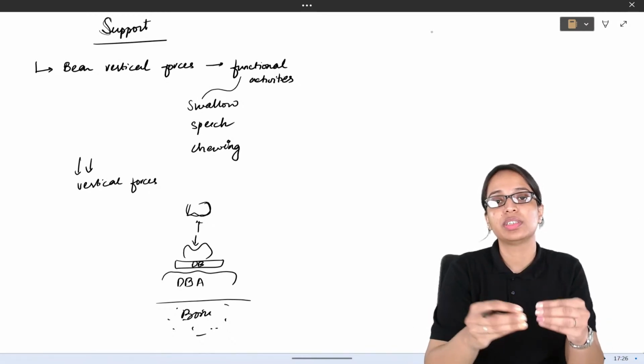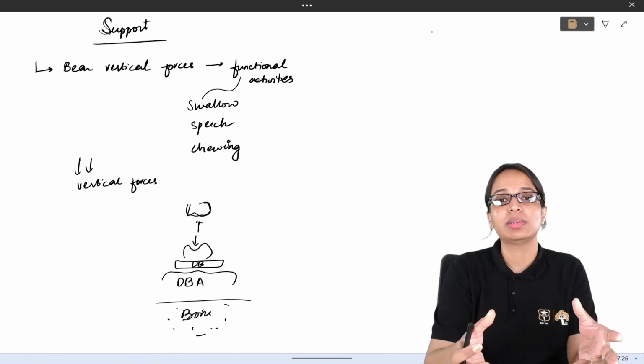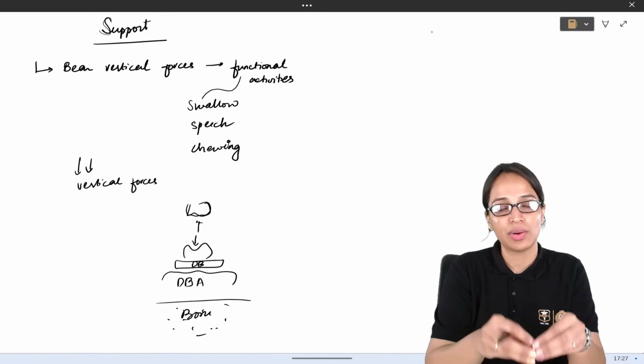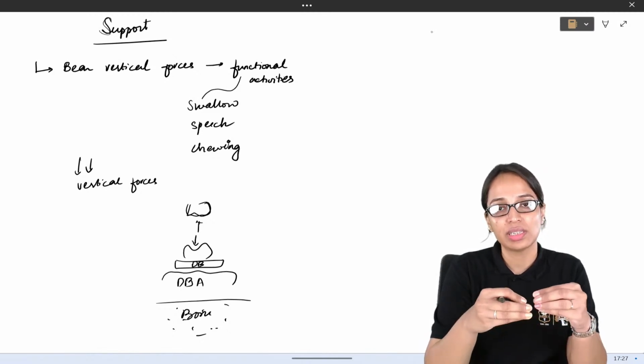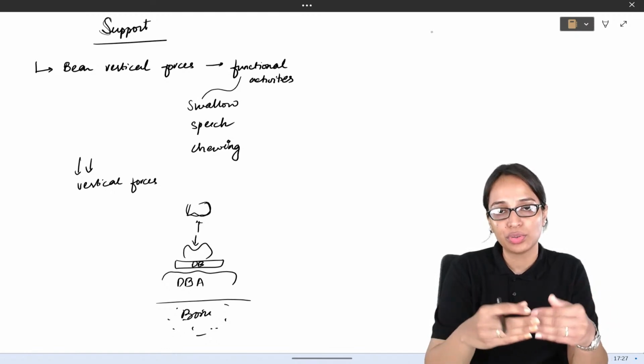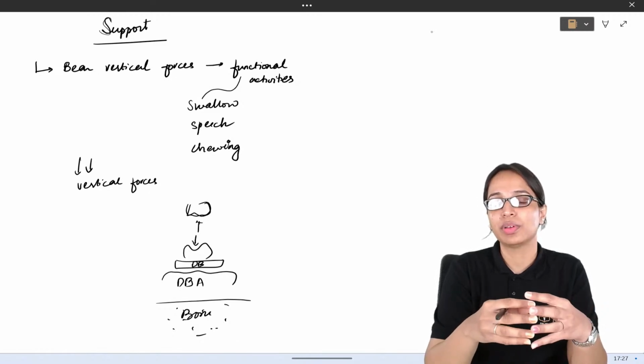Whatever force is generated during swallowing, speech, or mastication, it is generated because both of the arches are intercuspating, or coming in contact with each other. That always generates some magnitude of force. That force transfers to the tooth, through the denture base, through the mucosa, and ultimately to the bone.